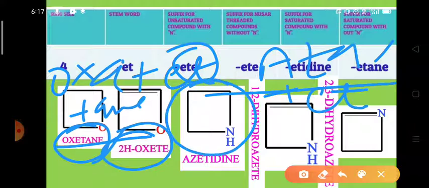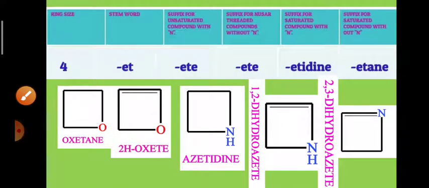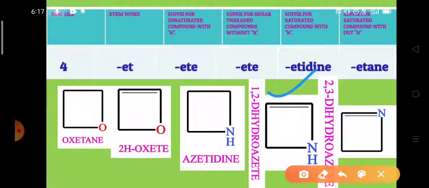And this is saturated with a nitrogen atom. So we have to use this one, so it becomes azetidine. And this is an unsaturated heterocyclic compound with nitrogen, so we would use this one.